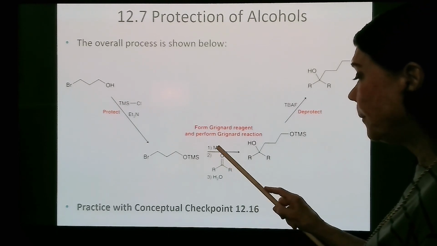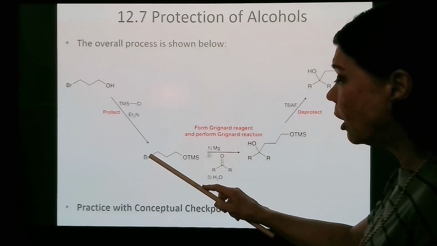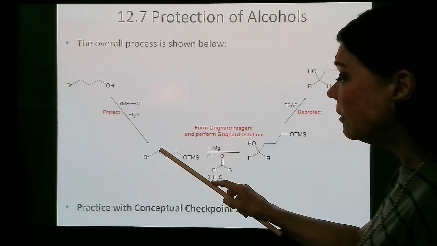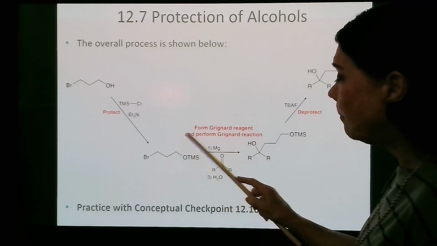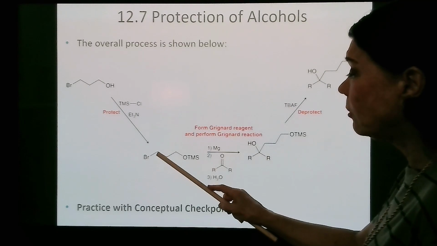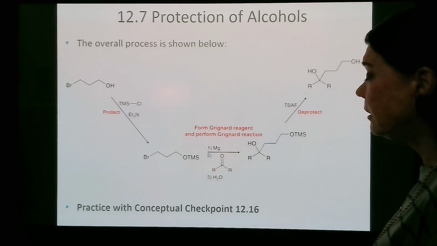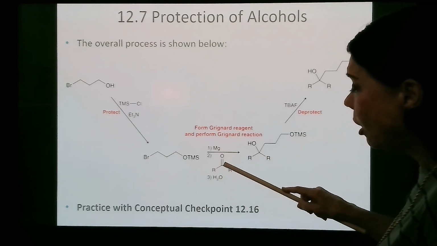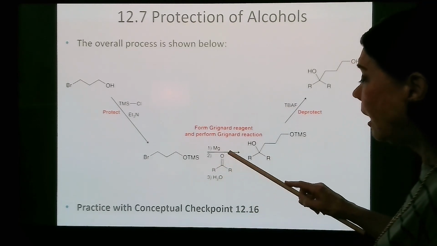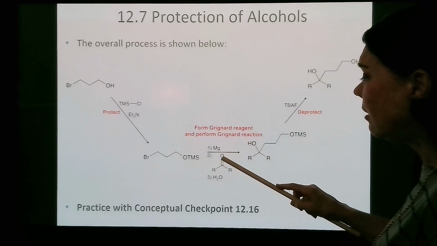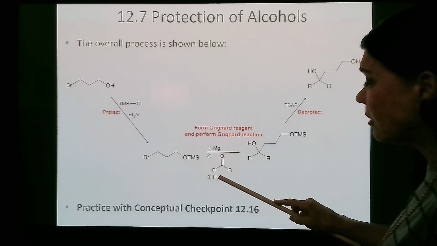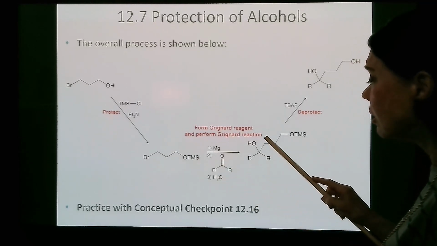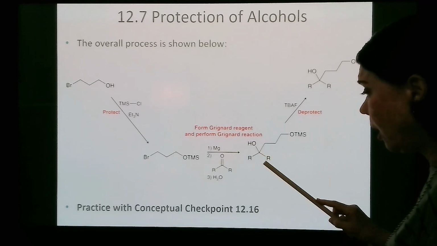So the magnesium inserts in the carbon-bromine bond, then the carbon-magnesium bond is polarized, so the carbon is bearing a partially negative charge. The carbon anion comes in, does an attack on the carbon at the carbonyl, and so you get the alkoxide, and then the alkoxide is protonated using water, and that's the product that you have.